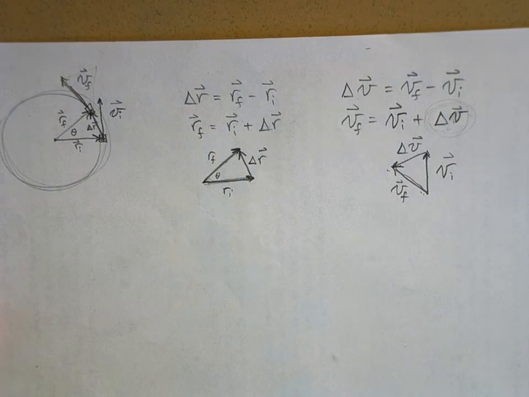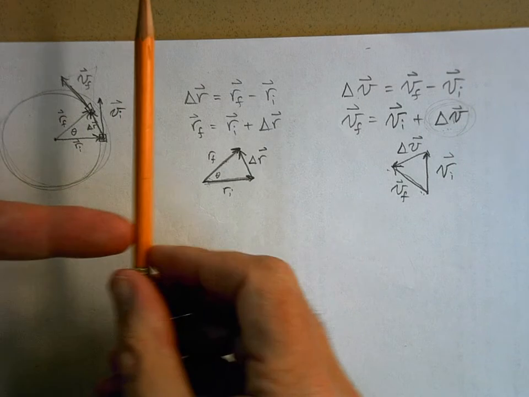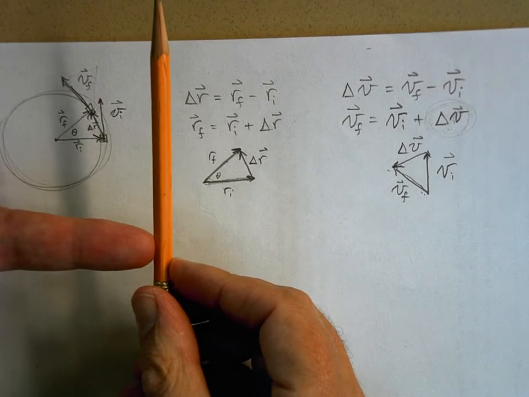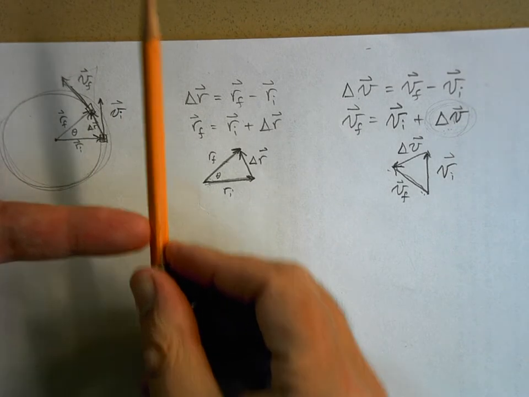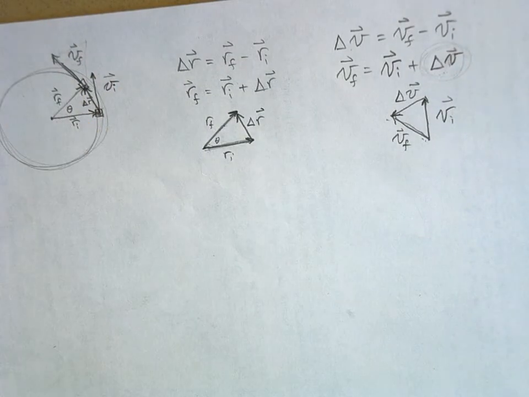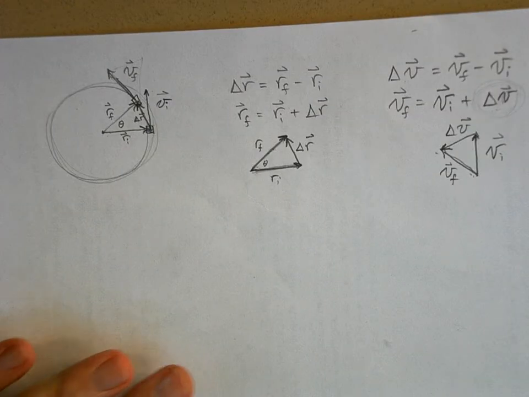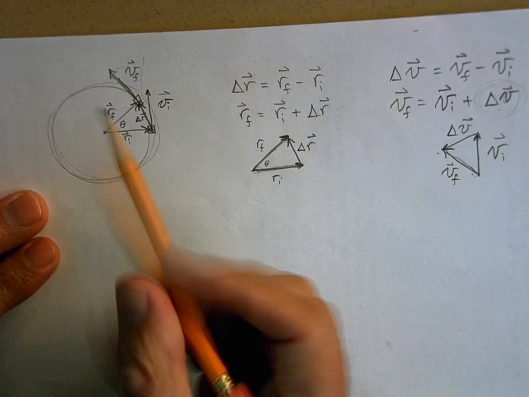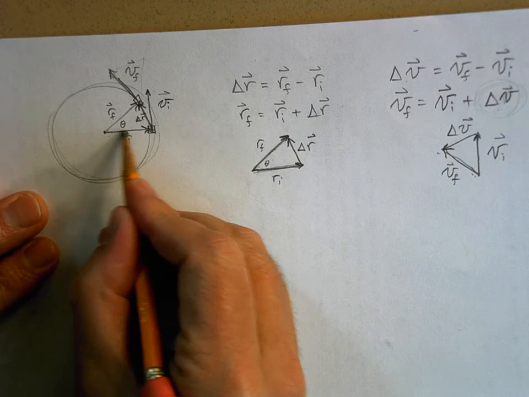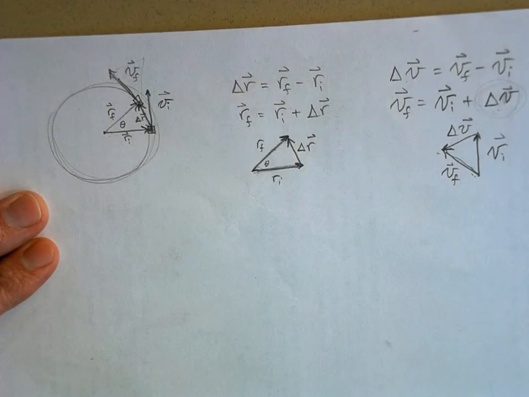Here's what I want you to see. Do you see that if R is rotated through theta, then V is rotated through theta as well? In a circle like this, the position vector and the velocity vector are always perpendicular to each other if you're going around a circle.